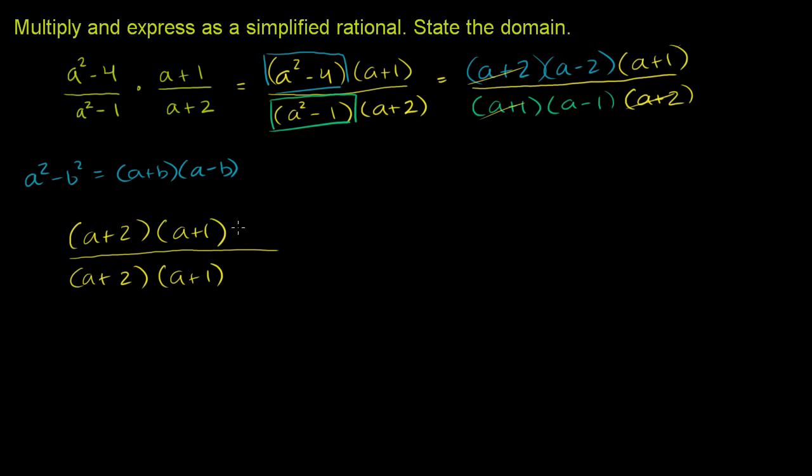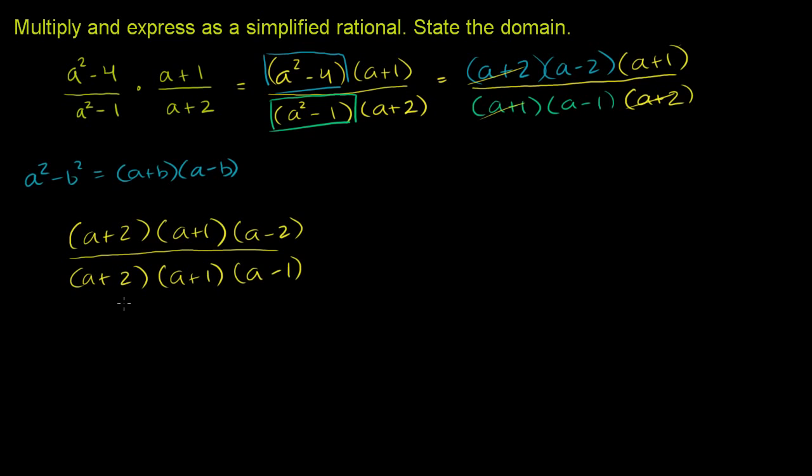And in the numerator, we have an a minus 2, and in the denominator, we have an a minus 1. All I did is rearrange the numerator and the denominator: if the same expression was in both, I just wrote them on top of each other.